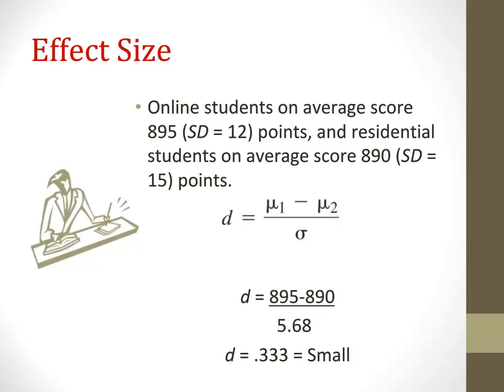The other way of looking at this is to say, since we have a d of 0.3, the two groups' means differ by 0.3 of a standard deviation.